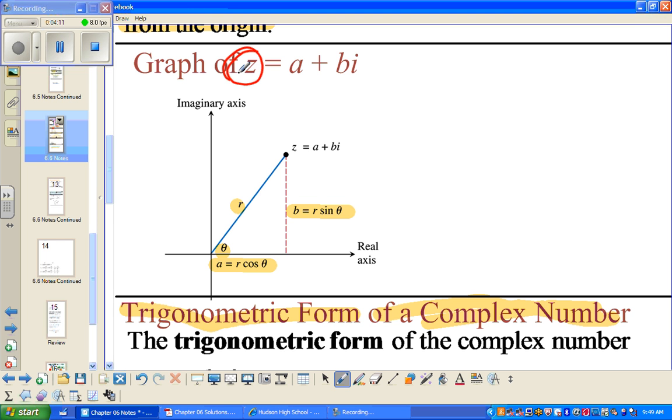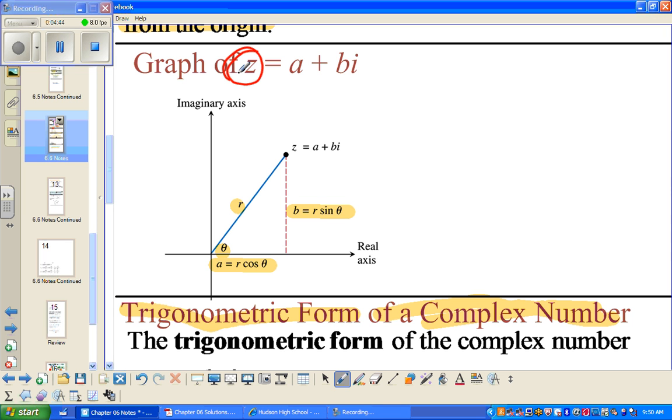So something that you can relate to again, that horizontal movement you've used in polar graphing. You know that horizontal movement can be represented by r cosine theta and the vertical movement r sine theta. Well, since we're going a distance away from the origin or the pole, like in polar graphing, we can represent a complex number using those terms as well.